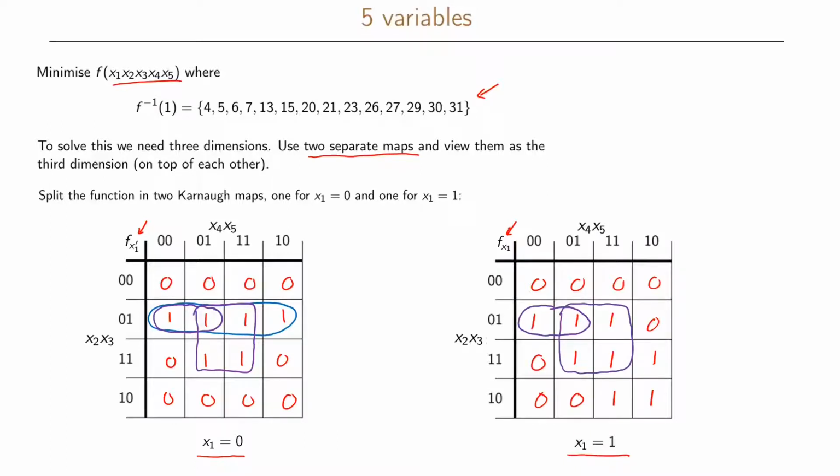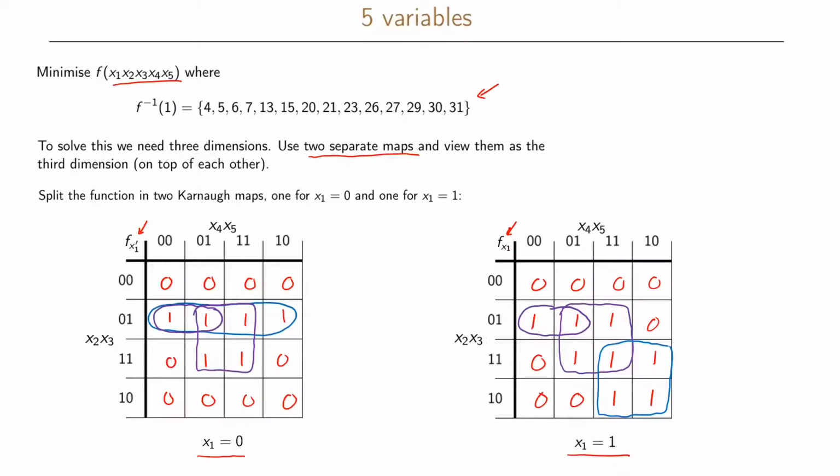For the Karnaugh map on the left hand side we cannot find any more prime implicants, but on the right hand side we still have a few more 1s to cover, and we can cover these 4 1s on the bottom right part using this box here, which is a prime implicant. This covers all the prime implicants for both our Karnaugh maps. But when you do this yourself, make sure that you do this in a structured way so you do not miss any prime implicant. It is very easy to overlook some of the boxes if you do not do it in a structured way.